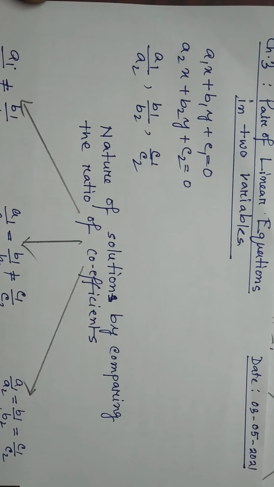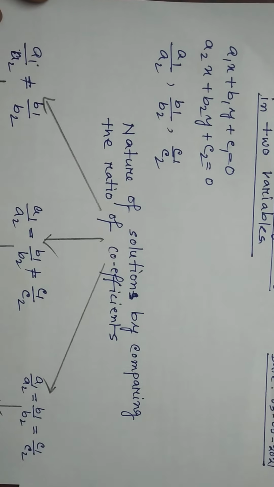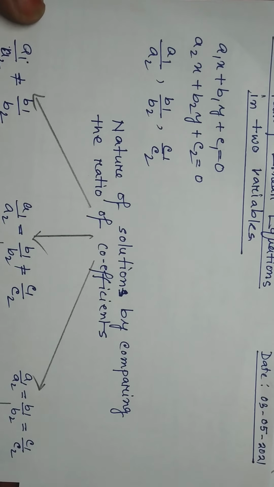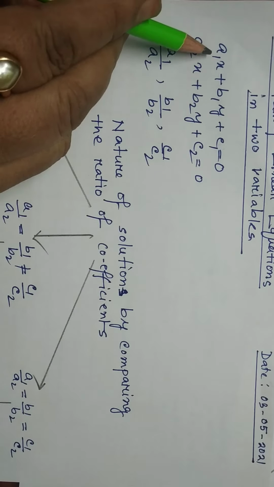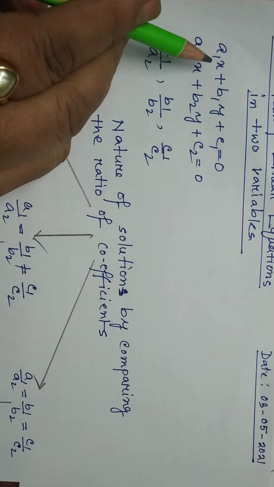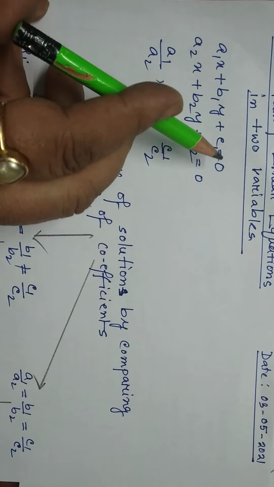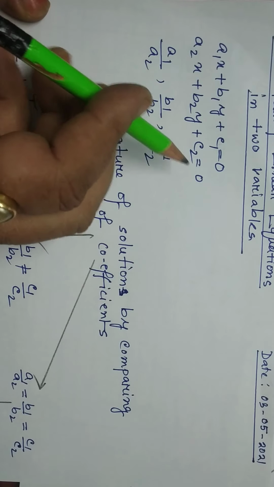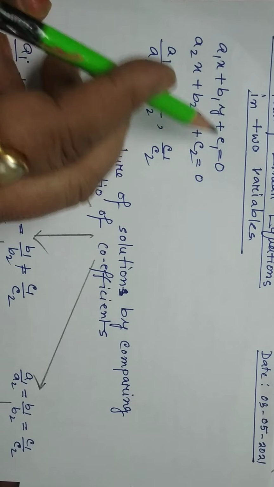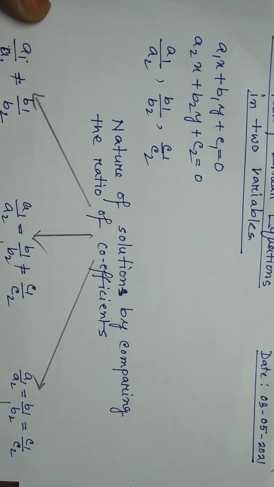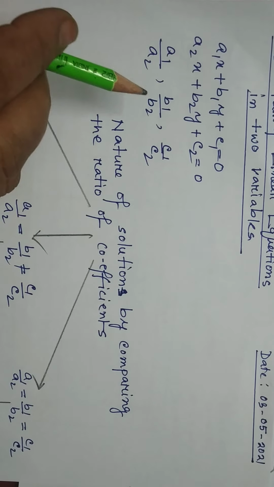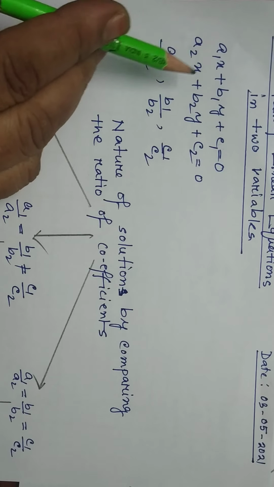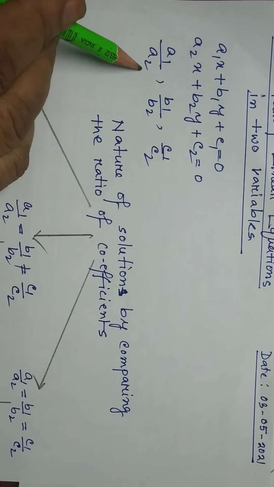Now, the nature of the solution by comparing the ratio of coefficients. Here we have a1x plus b1y plus c1 equal to 0, and a2x plus b2y plus c2 equal to 0, where a1, b1, c1, a2, b2, c2 are real numbers. If we compare the coefficient of x, it is a1 by a2.